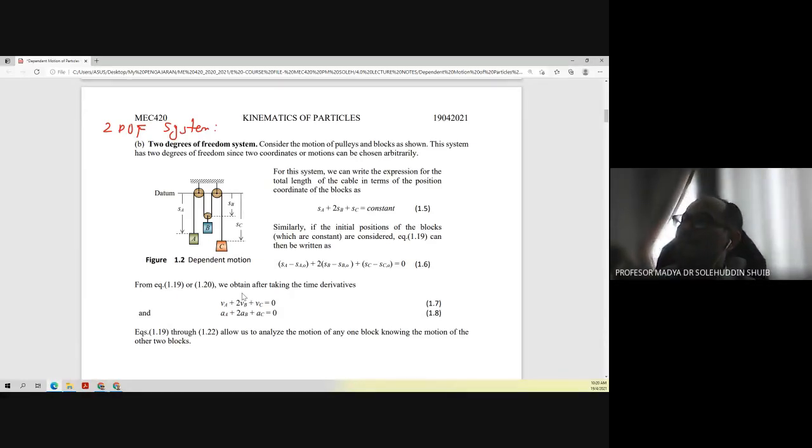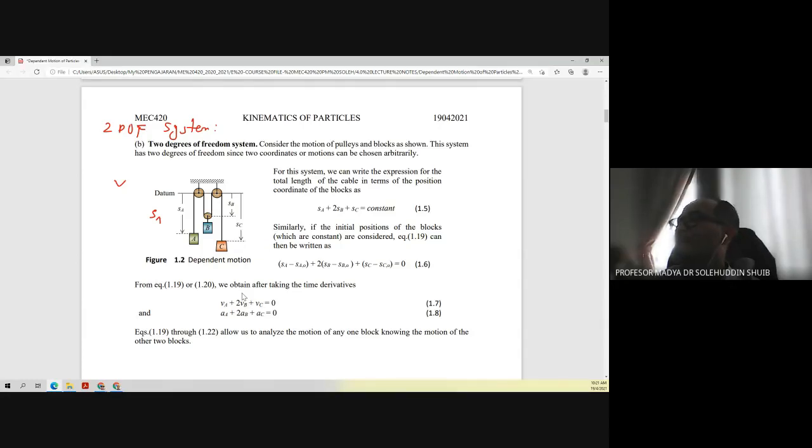So again, same thing. We have motion of pulley and blocks. We have pulley, block, we have datum. And then you can see here, you can draw the straight line here in the middle of this pulley, and then you can draw different S for these 3 blocks, A, B, and C. So you write SA, and then from datum to B here, this is SB, and then this is SC.